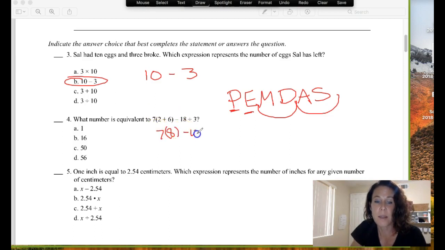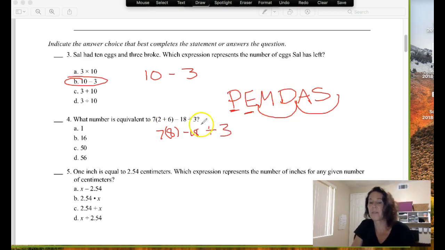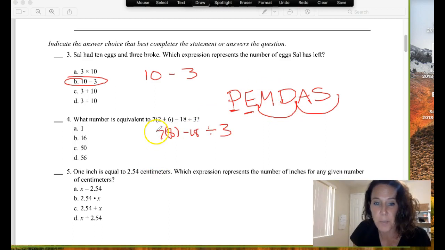And then next, we don't have any exponents, so after that we need to do multiplying and dividing from left to right. So I'm going to go 7 times 8, which is 56, minus 18 divided by 3. Okay, so I did that multiplying first.